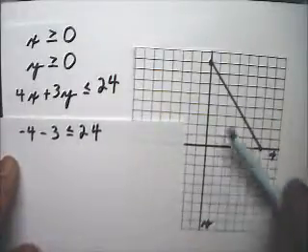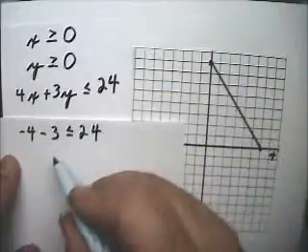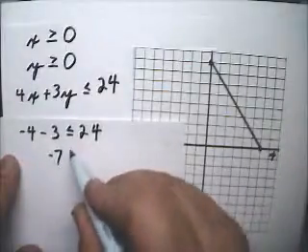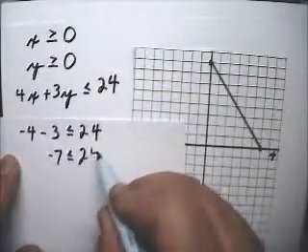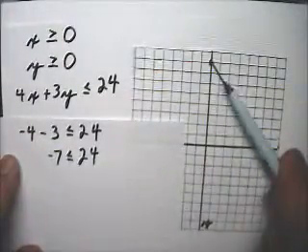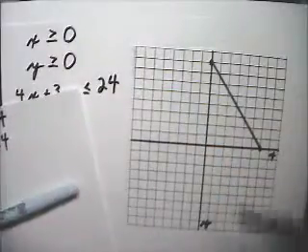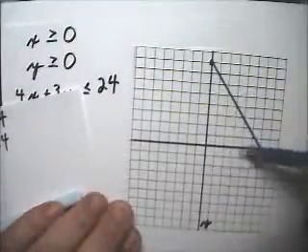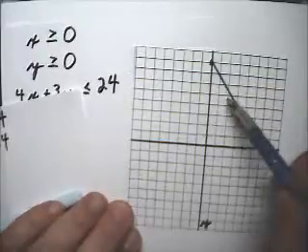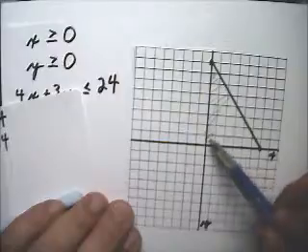And see, that'll tell us if it's this side of the line or this side of the line. So -7 less than or equal to 24, that's true. So because it's true, it's everything on this side of the line. And we already have this boundary, this boundary, this boundary, and it's everything this way, so it's this triangle.